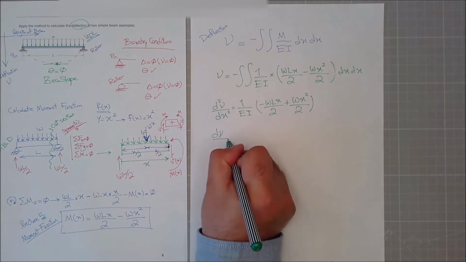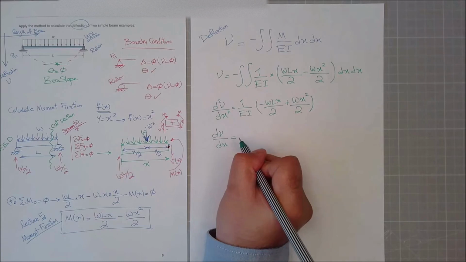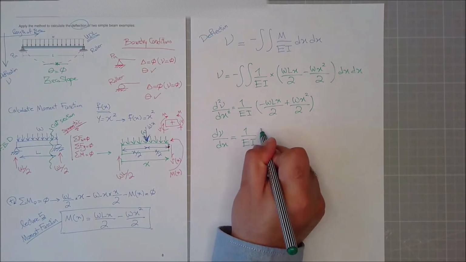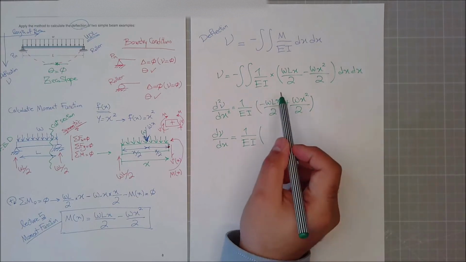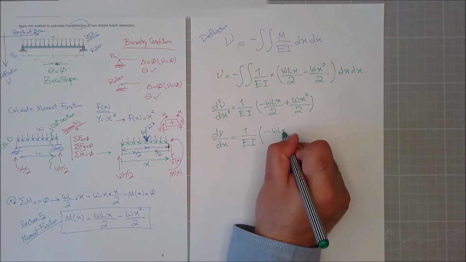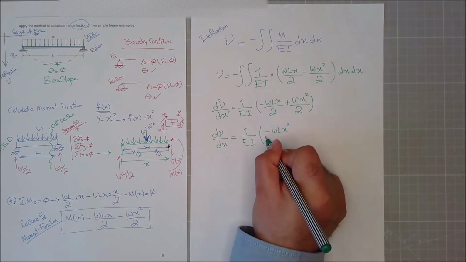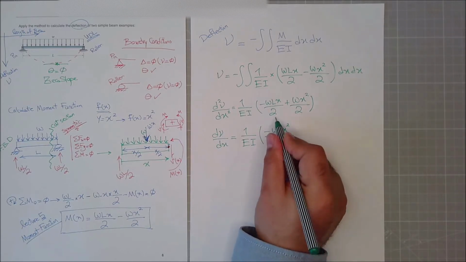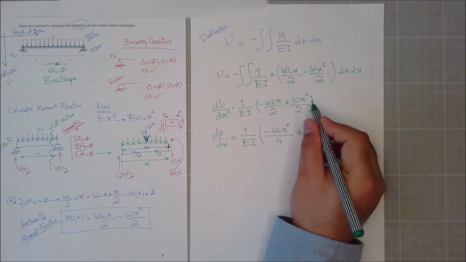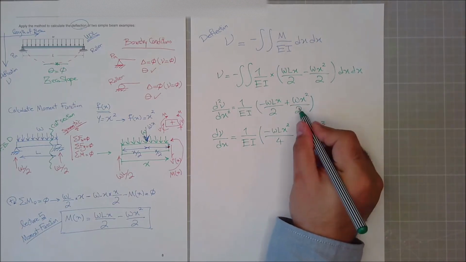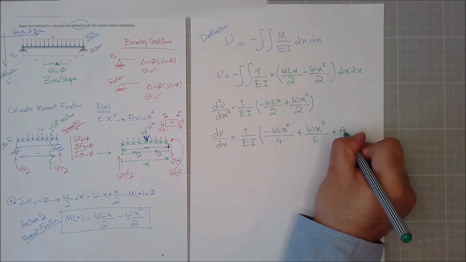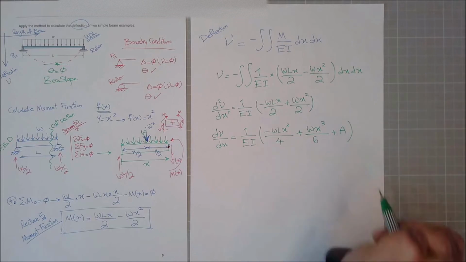So dv/dx, these are the simple maths that you have studied so far. 1 over EI is like getting an integration from inside that. So this will be negative WL x to the power of 2, a 2 comes down, times 2 will be 4, plus Wx to the power of 3, the 3 comes down, times 2 will be 6, plus a constant that we don't know.